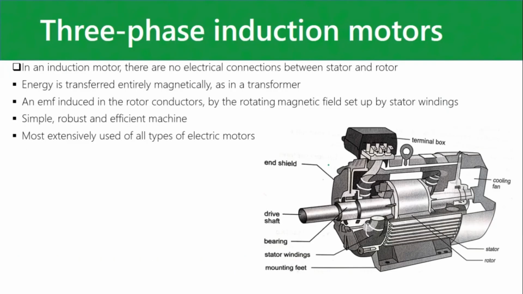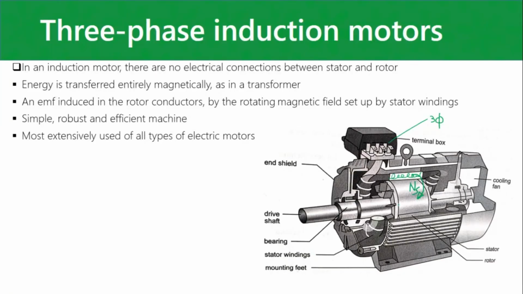So as I said, no electrical connection, no power supply between stator and rotor. 3-phase here only goes to the stator, and because you have one, what do you have? Magnetic field. And this produces a rotating magnetic field, rotating at synchronous speed.